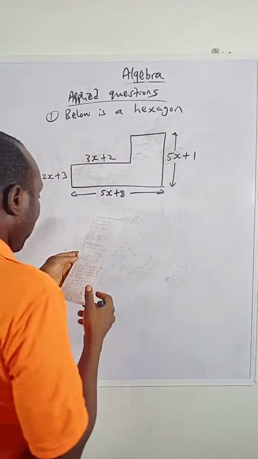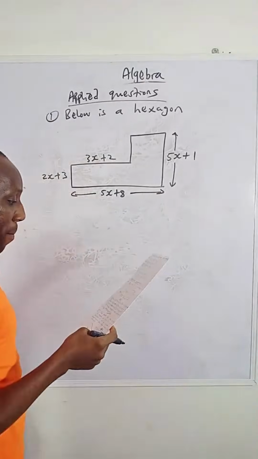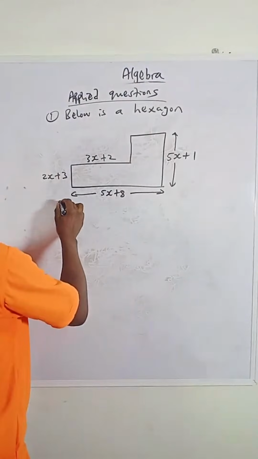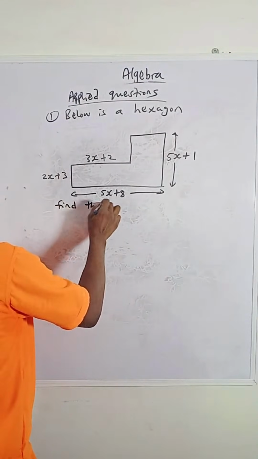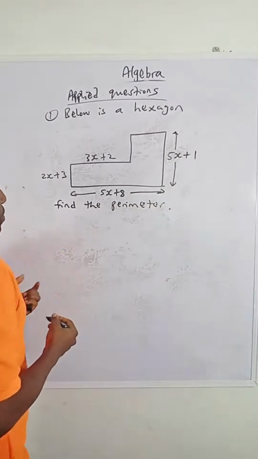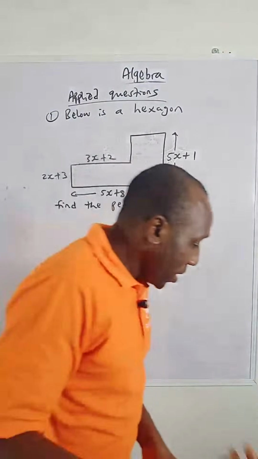So we are asked to find the perimeter. So we have to find the perimeter of this hexagon. If you can work it out, you can start.